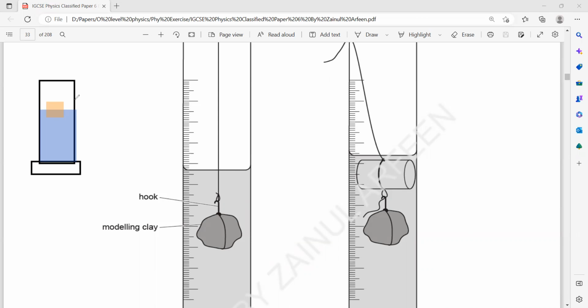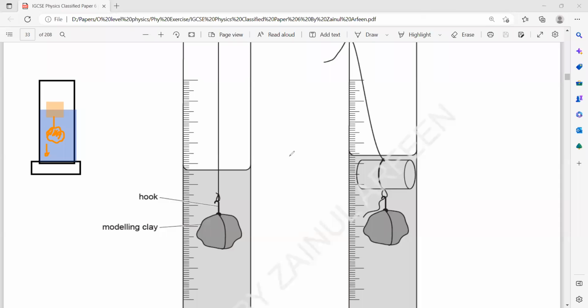So to completely submerge it, the student attached modeling clay to it. The modeling clay will take the piece of wood inside the water. It will submerge so the accurate volume can be measured. Otherwise, if only the rod is placed, it won't be accurate because it's not completely submerged. So the purpose of the modeling clay is to sink the wooden rod.